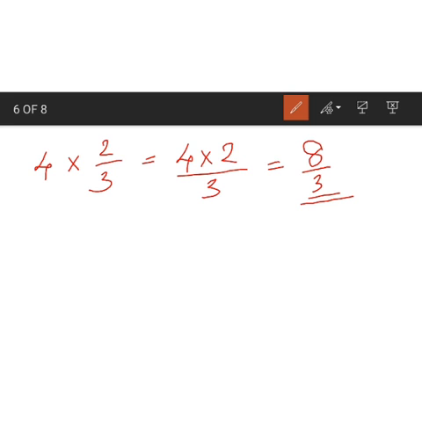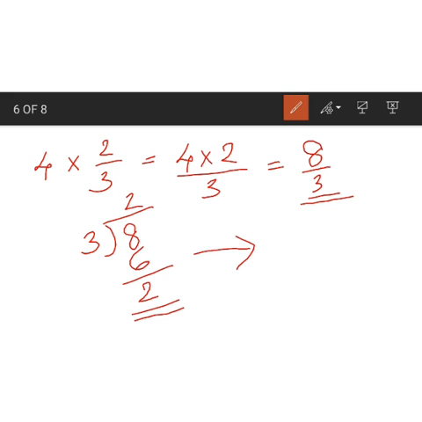So this is also an improper fraction. Now when we are converting this, what we have to do is divide 8 by 3. 3 twos are 6. Balance 2. So when writing, keep the quotient as the whole number part.